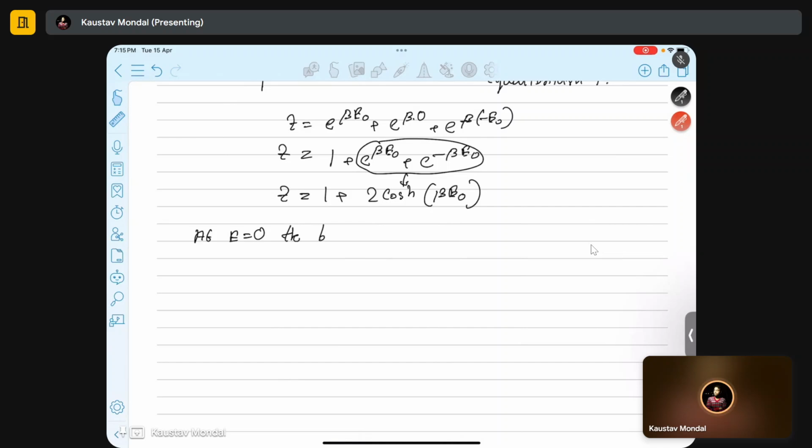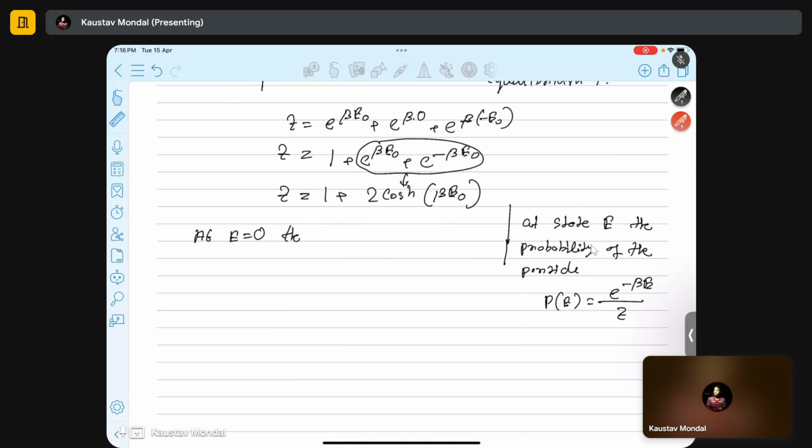Because we know that at any state E, the probability of the particle would be P of E equal to e to the power beta E by Z. This thing we already know, like in previous tutorials we have already discussed this property.